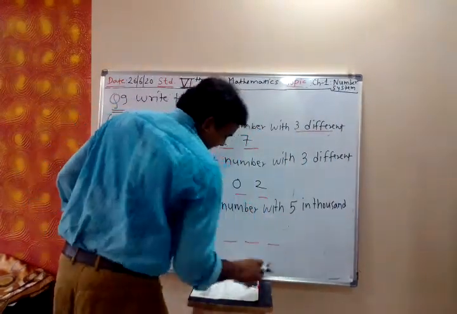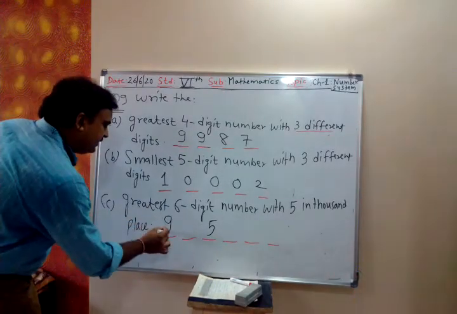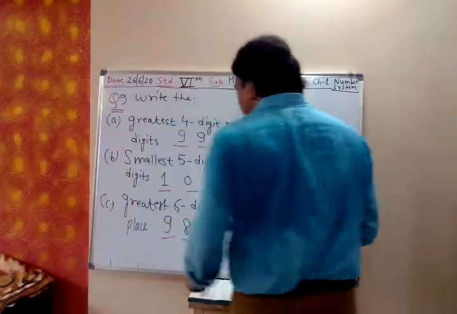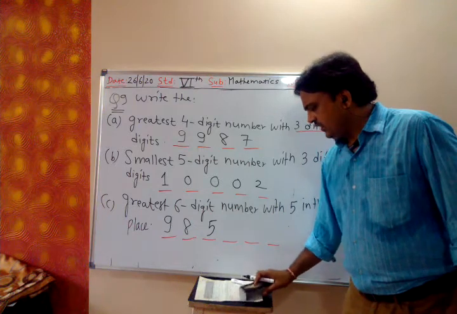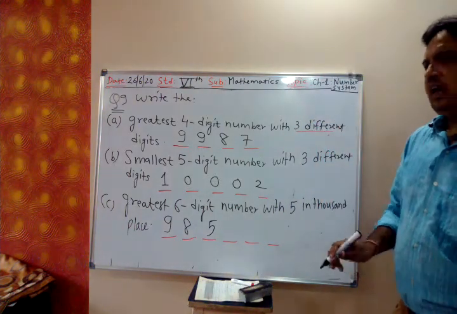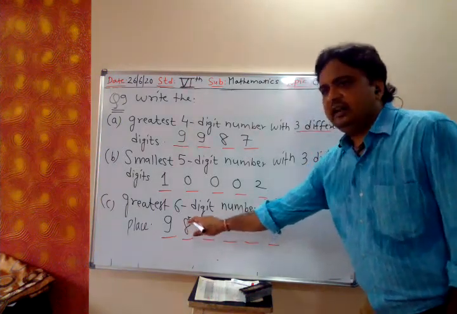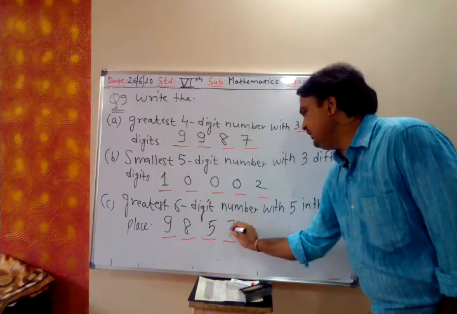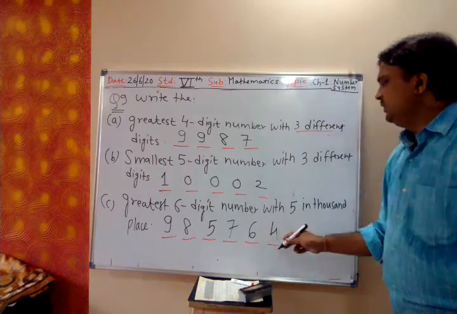So now I will start. 9, 9, 8. 9, 8, 5. After 8 there is 7. But this 9, 8, 5, 7, 6, 4.